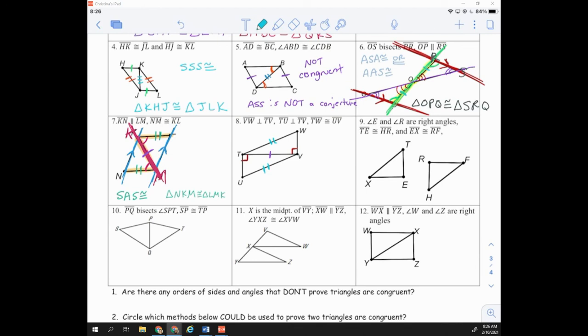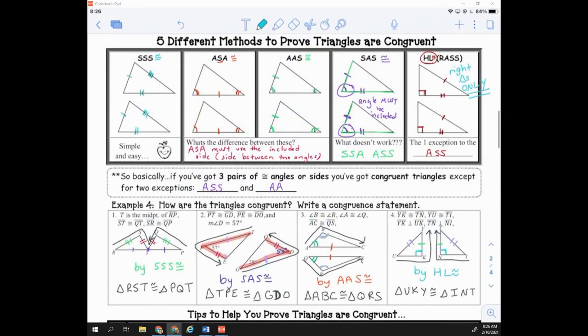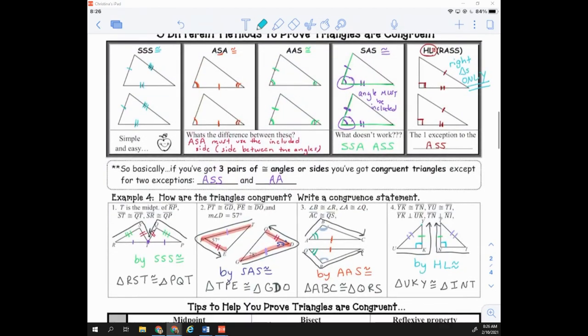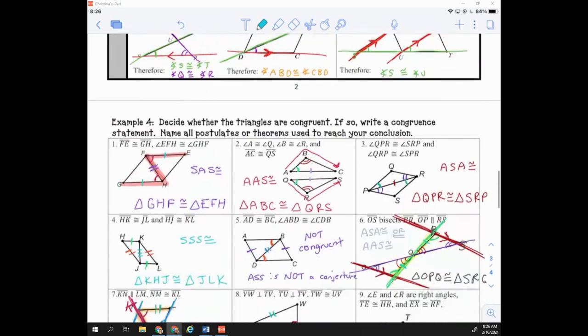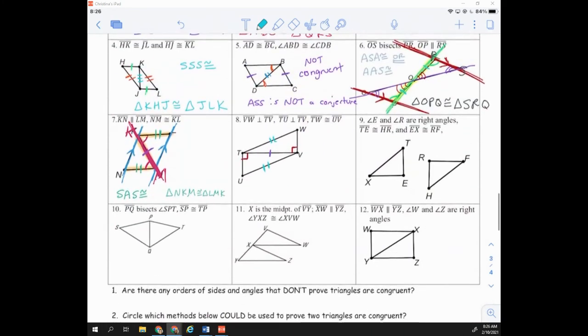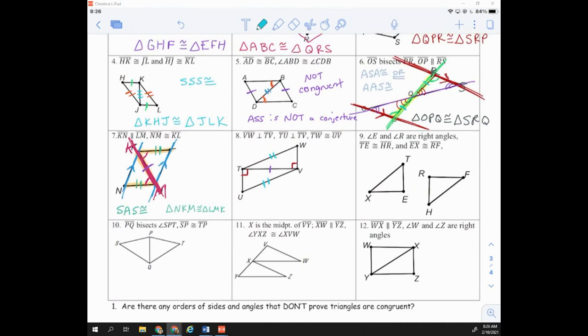So in this case, we have right triangles. So we're always going to check hypotenuse leg when we have right triangles. And we do, in fact, have a shared leg. So we know that that's congruent to itself. And then we also are told that the hypotenuses are congruent to one another.